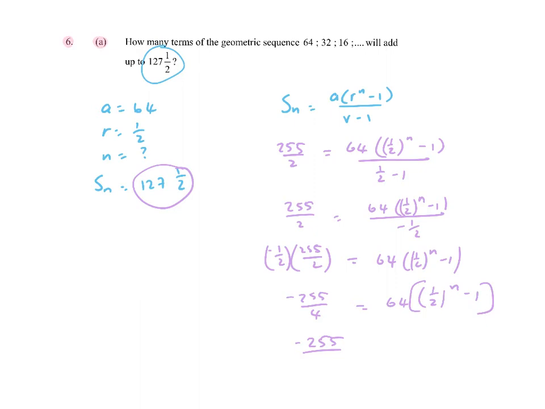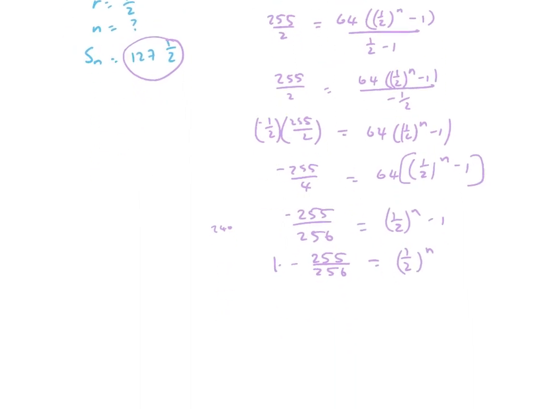4 times 64 is equal to, what's that? 240, and 16 is equal to 256. So 255 over 256 is equal to a half to the power of n minus 1. You're going to add the 1 on both sides. So 1 minus 255 over 256 is equal to a half to the power of n. Okay, what do I do now?